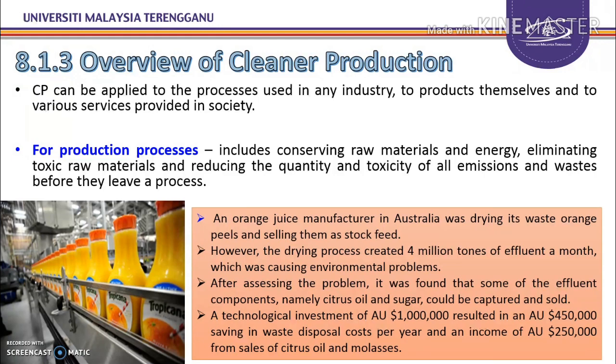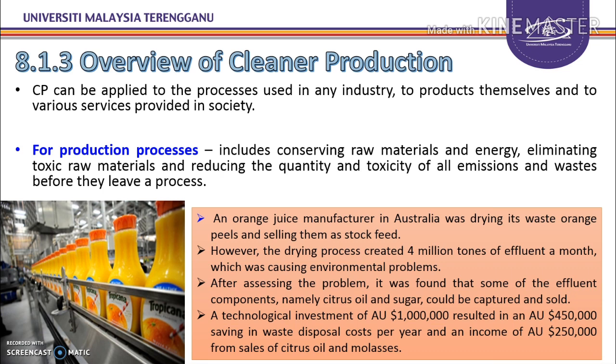To produce another product. However, they found that before they sell the orange peel, they need to do a drying process. From that process, they created 4 million tons of effluent a month, which was causing environmental problems.